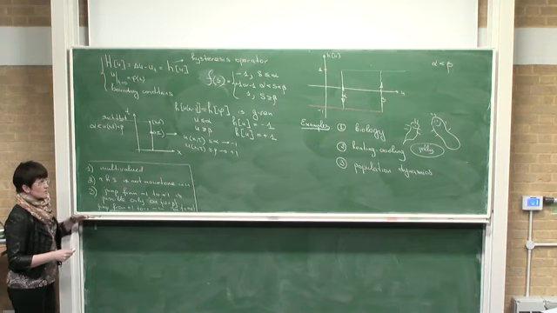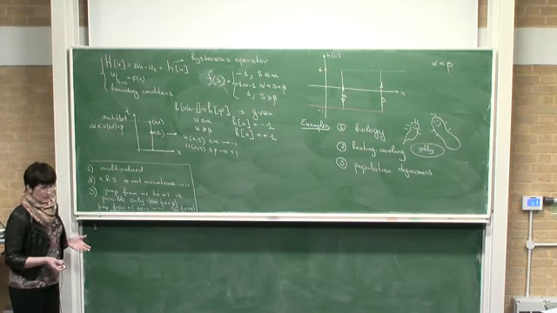And since we have jumps, there should be some kind of free boundaries.